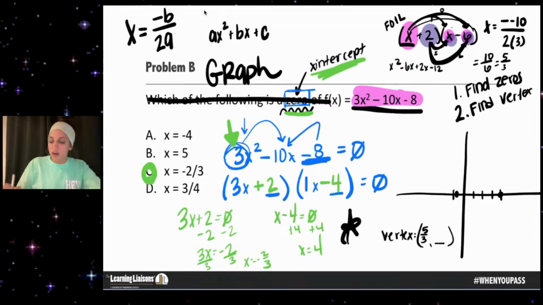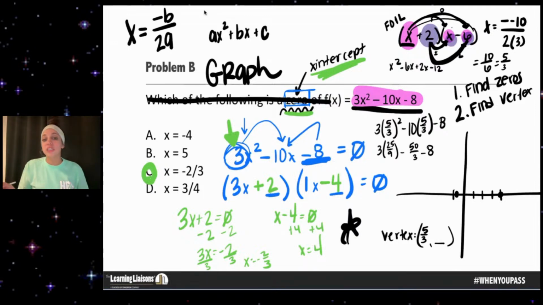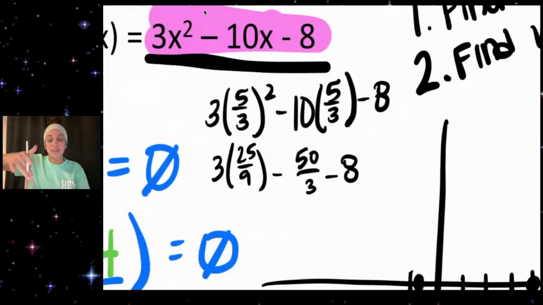The y part can be found by plugging that 5/3 back into the equation. So 3 times 5/3 squared minus 10 times 5/3 minus 8. 3 times 25/9 minus 50 over 3 minus 8. If you don't know how I just got 25/9 and 50/3, then ask, because that means that you're struggling with fractions, and that's okay.